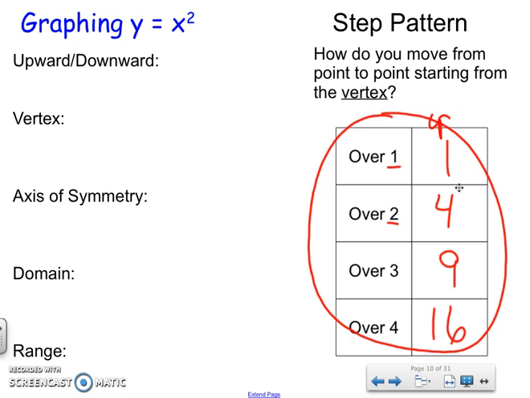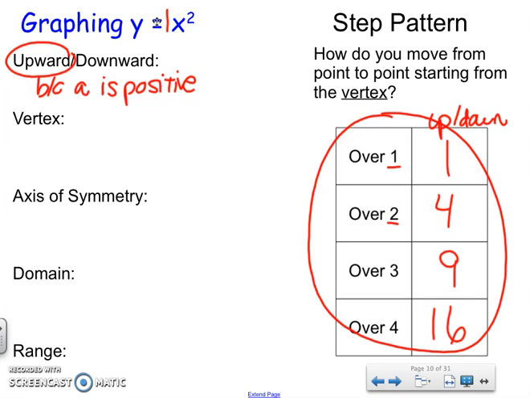Because this column is going to mean up or down. All right, so first thing we're going to do is the graph of x squared going to open up or down? Well, since there's no number here, I'm going to assume that number's a 1, which is positive, so it's going to open upward because your A is positive.